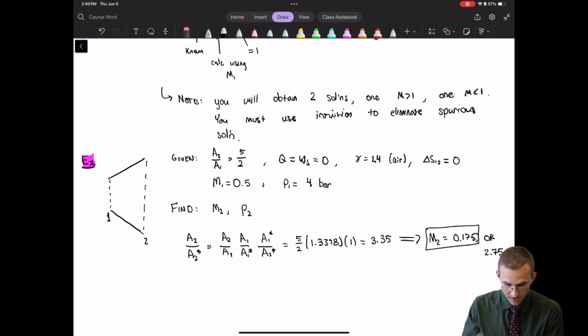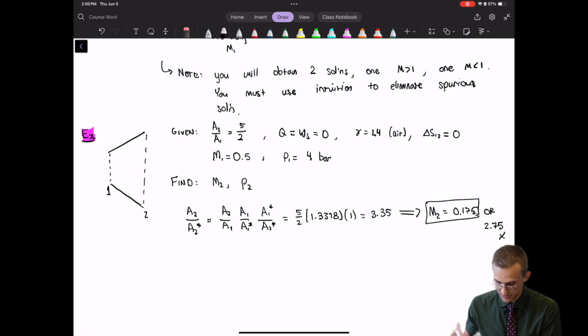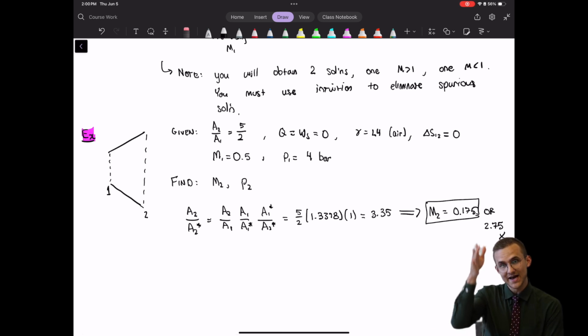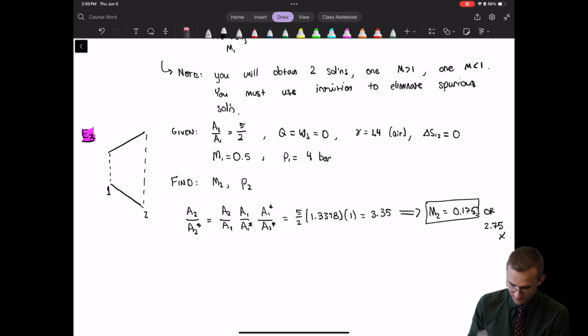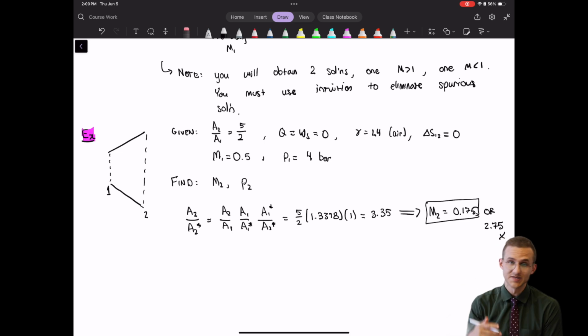Now we can use that value to find what P2 is, because now that we know what M2 is, we can look up the table value for P2 over PT2. That's another isentropic relation. We showed that P over PT is just a function of the Mach number, so that's also tabulated.